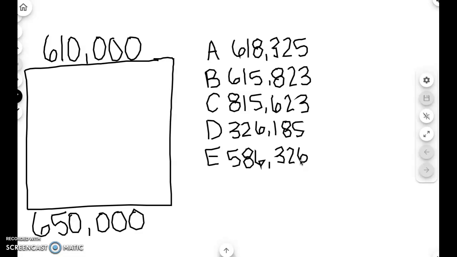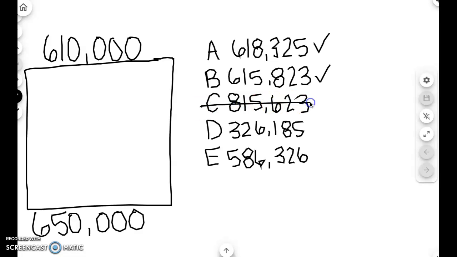So I see 618,000. That is in between 610,000 and 650,000. So this one could be a correct answer. I have 615,000. That's in between 610,000 and 650,000. That could be a correct answer. I have 815,000. That is way over 650,000.